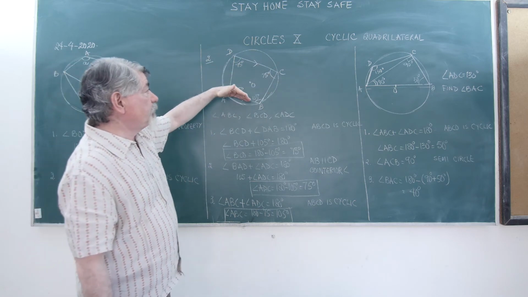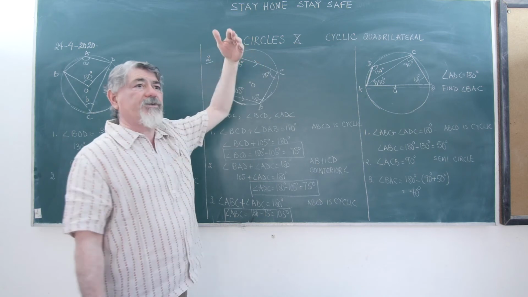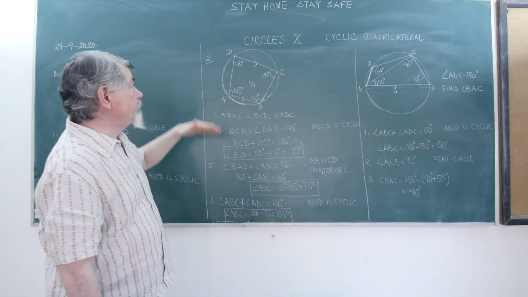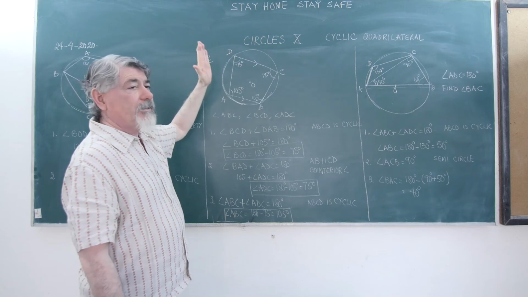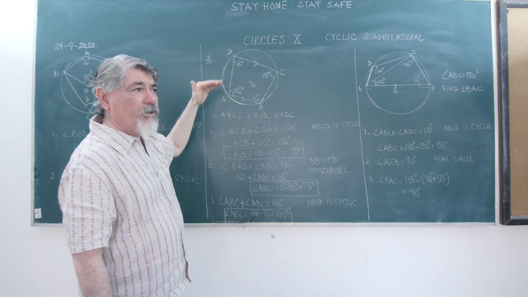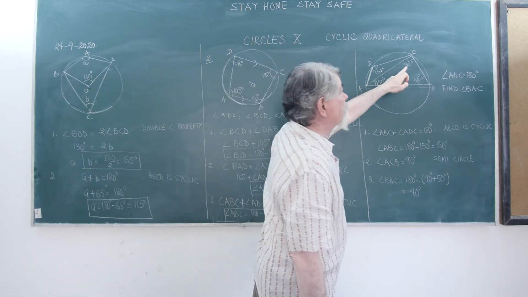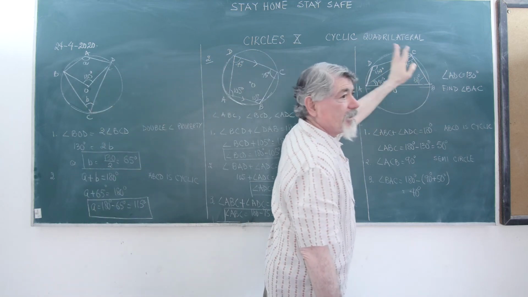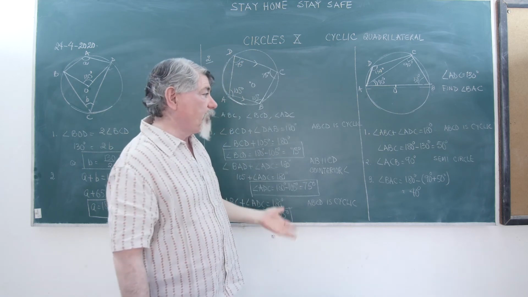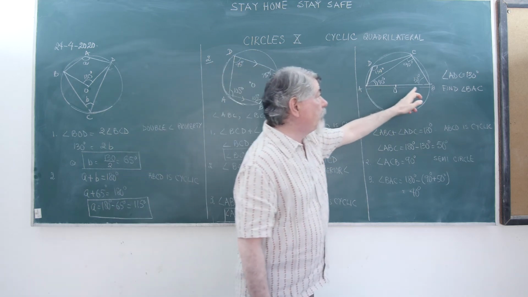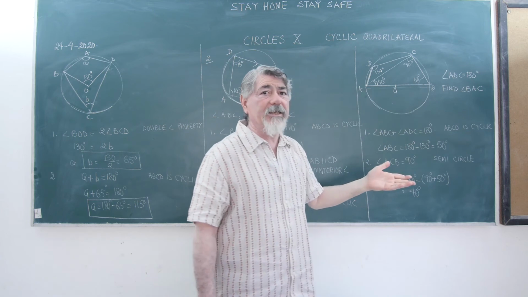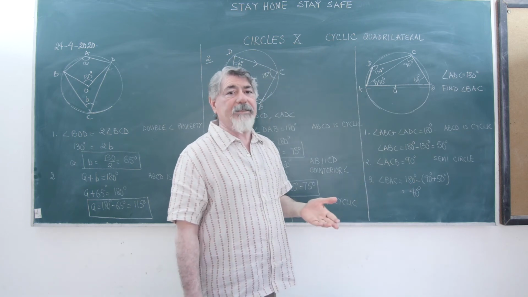We have applied the property of parallel lines which you have studied in junior classes: if two parallel lines are there and a third line cuts them, then the co-interior angles are supplementary. We have applied the property of the semicircle, the angle in a semicircle is a right angle. We have applied the property that the sum of the interior angles of a triangle is 180 degrees.